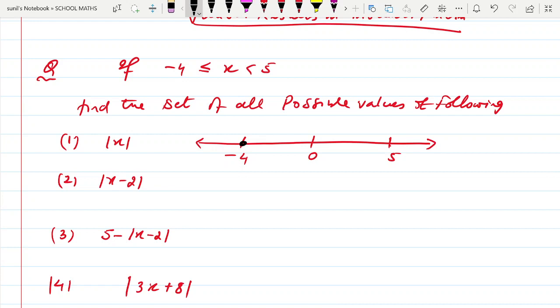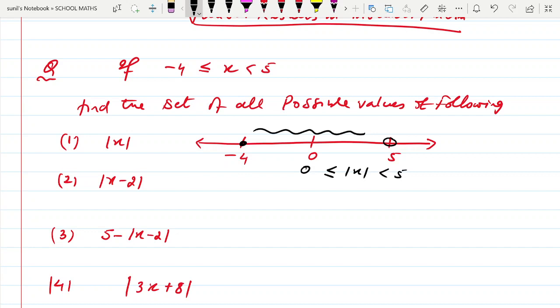Now if I start finding the mod, what is the least value of mod here? I can say that the least value of mod will be 0 and the maximum value will be less than 5. So can we say that my mod x will attain these values? Certainly, of course.